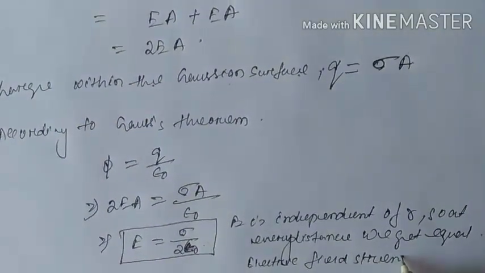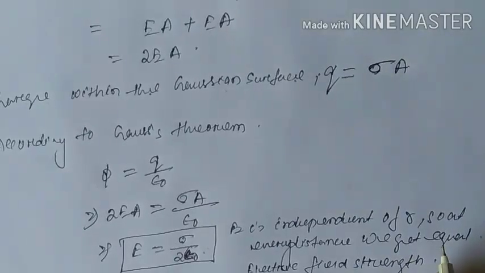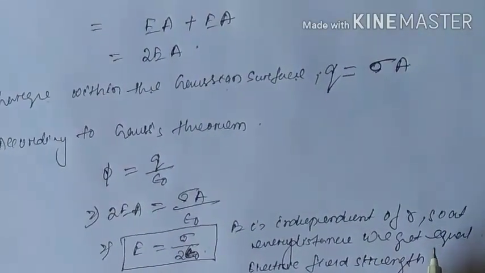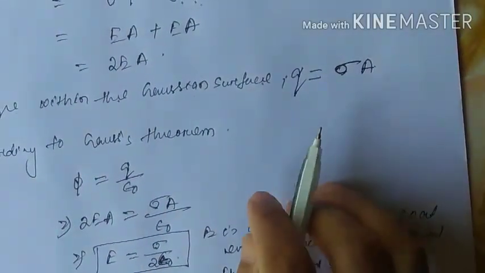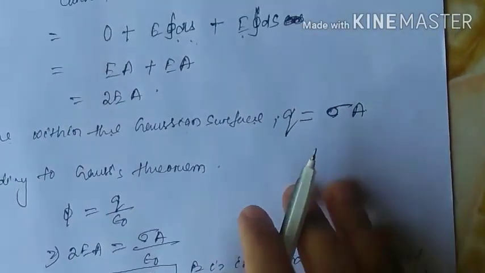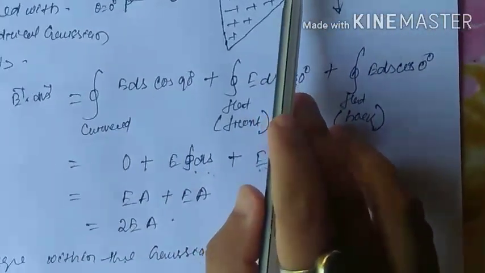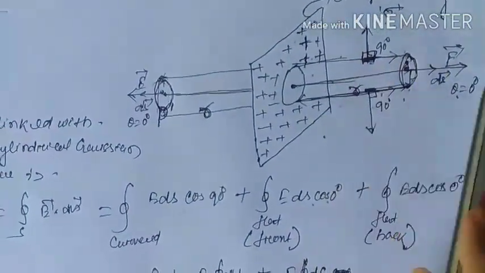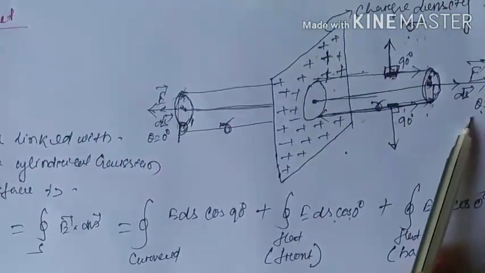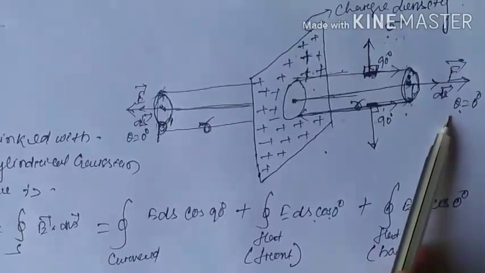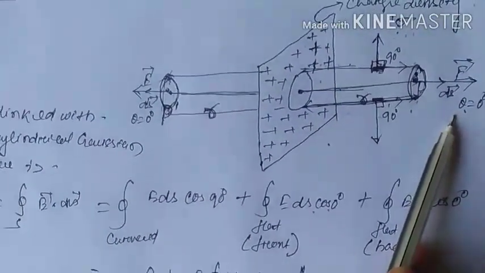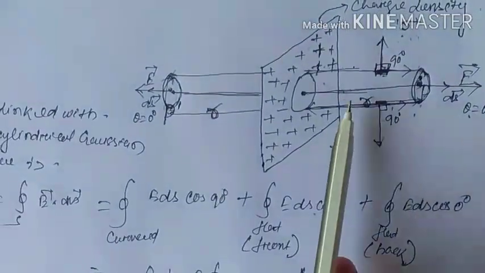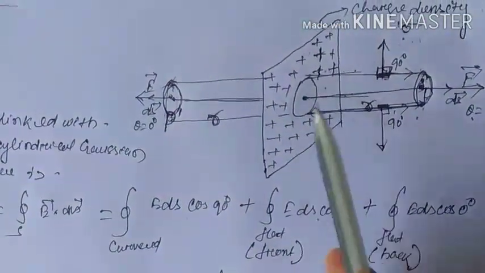What does it mean? It means the electric field strength is equal at all distances throughout here. But the limitation is the sheet must be infinitely long.